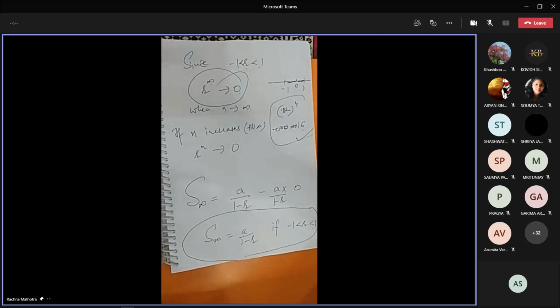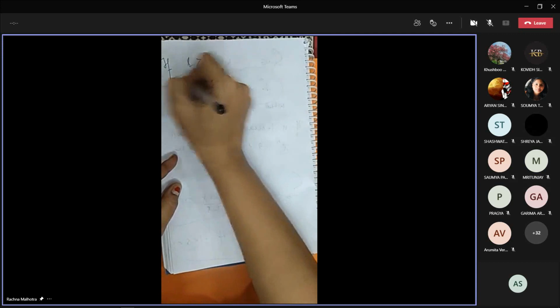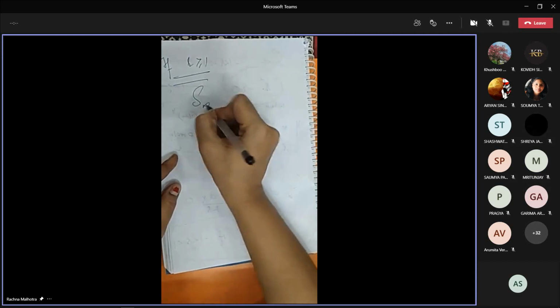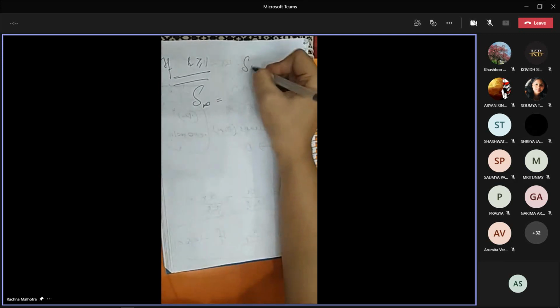Ma'am, 11C students, 11th students, please reply. Okay, so this is the S infinity formula. Okay, if r is greater than or equal to 1, then please tell me what will be the formula for S infinity. What will be the answer for this one? What was the S infinity, na?